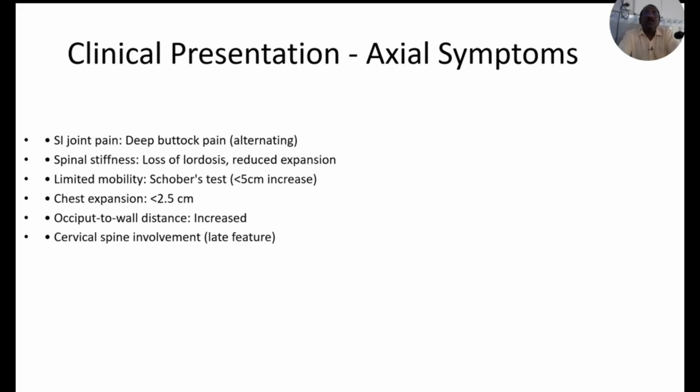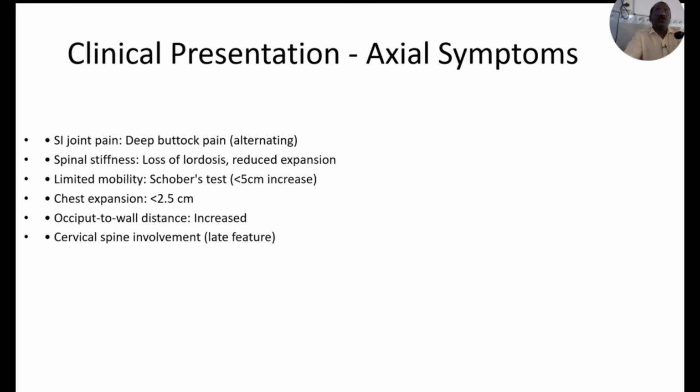Because of less lumbar lordosis and more kyphosis, they droop forward, so there will be a big difference in the distance between the occiput and the wall. Cervical spine involvement is a late feature. Earlier is the thoracic spine, lumbar spine, sacral spine, and lastly the cervical spine.